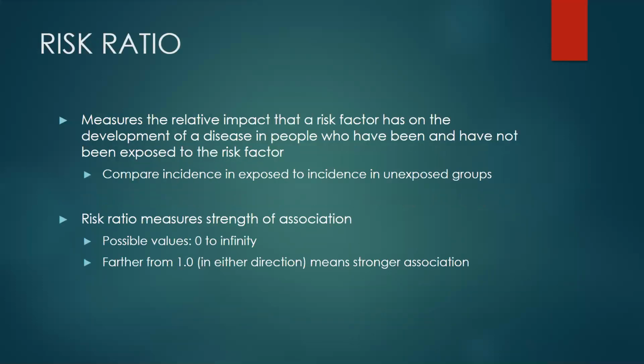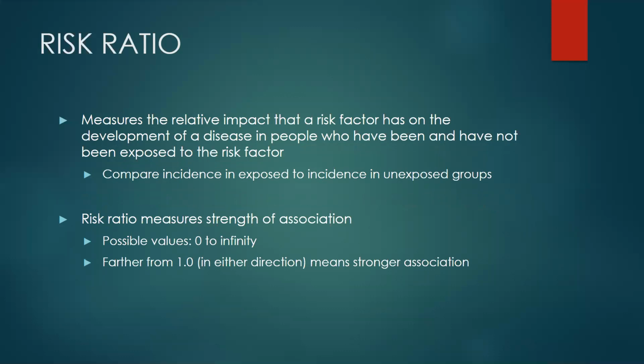And again, the risk ratio is the relative measure that compares the risk in one group to the risk in another group. So typically in epidemiology, we're talking about the risk of the outcome in the exposed group compared to the risk of the outcome in the unexposed group. And so a relative risk is what we would want to calculate. A relative risk tells us that incidence ratio.